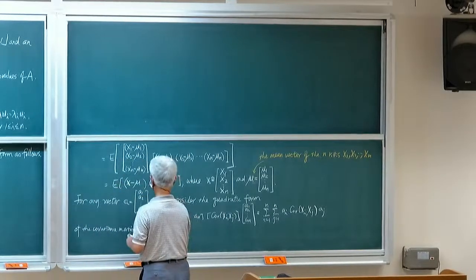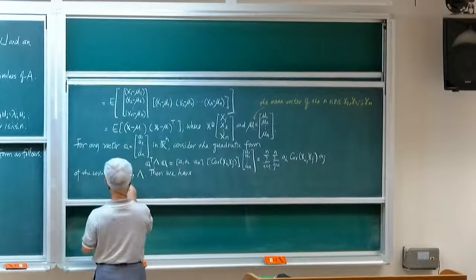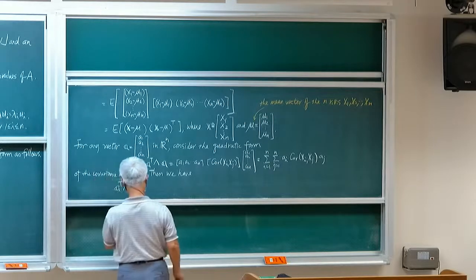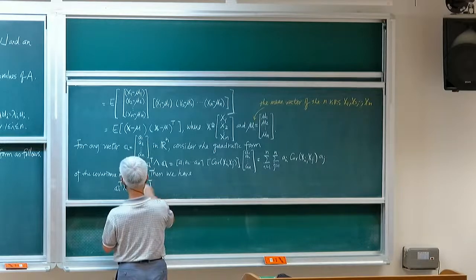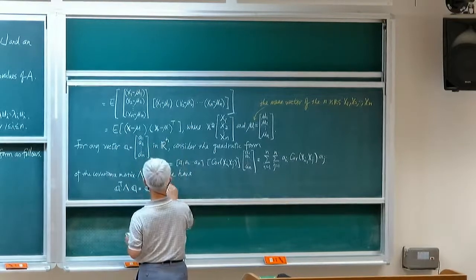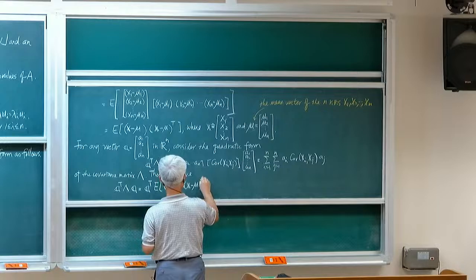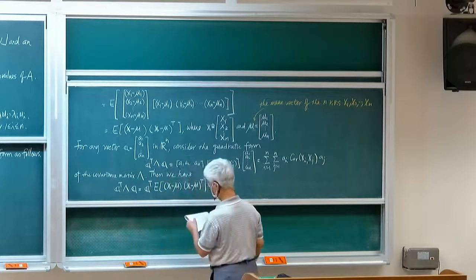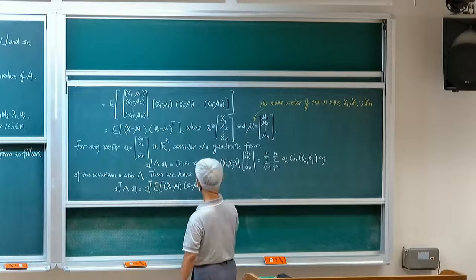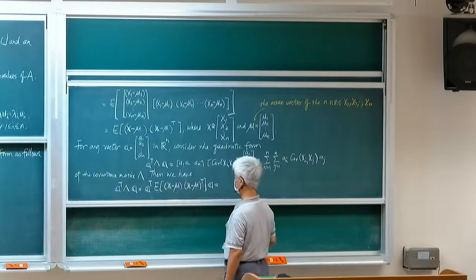Then we will have the quadratic form. If we put Lambda in this vector form, by linearity of expectation, we can move these two constant vectors inside the expectation operator.